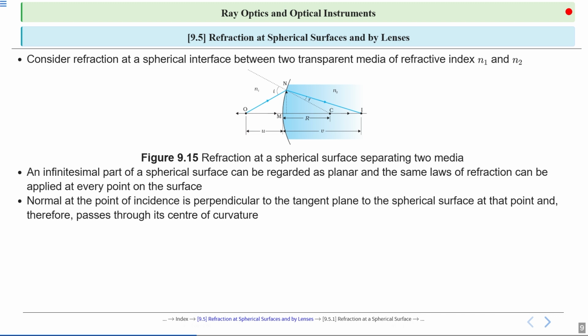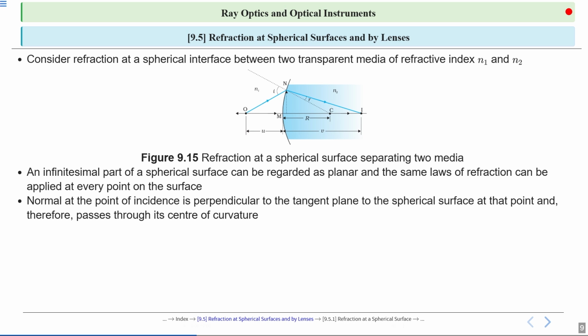At the point N, or any point at which we want to draw the normal, we draw the tangent. Then we draw the normal to that tangent, and this normal will pass through the center of curvature of the spherical surface. It is a part of a sphere.